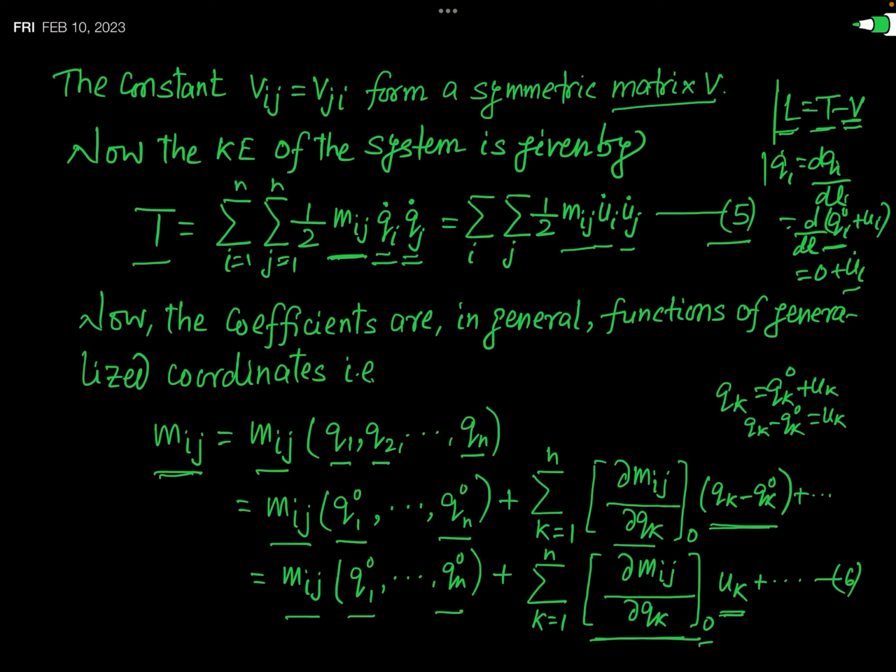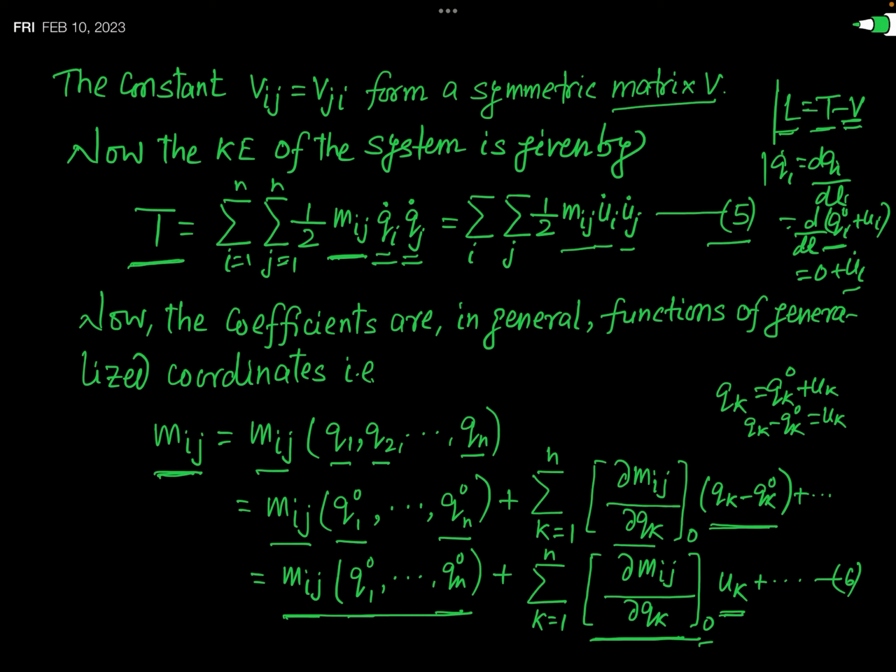But the kinetic energy must be quadratic in velocity, so the second term in the expansion of the coefficient Mij must be omitted. It means we must take the constant value Mij at q10, q20, so on qn0 in equation 5, to keep the kinetic energy quadratic in terms of generalized velocity.